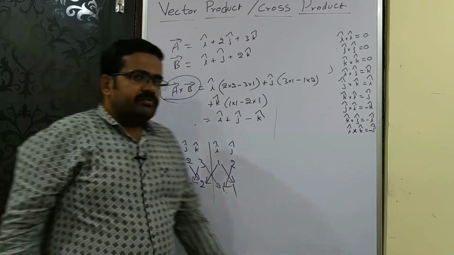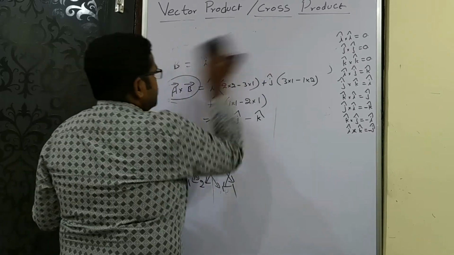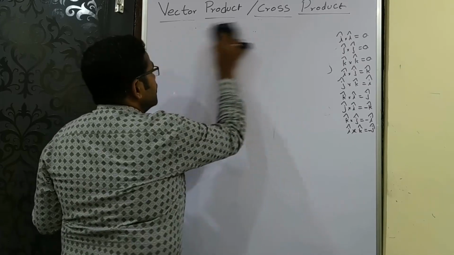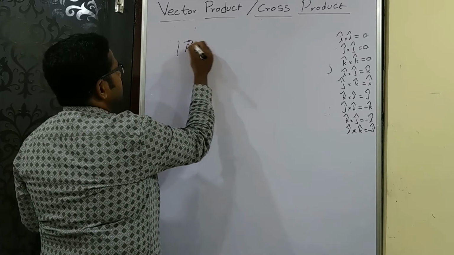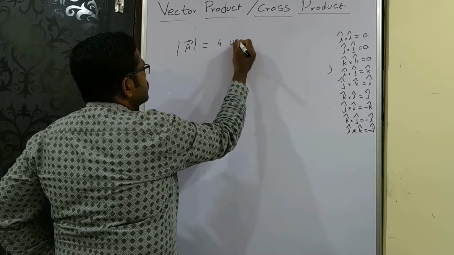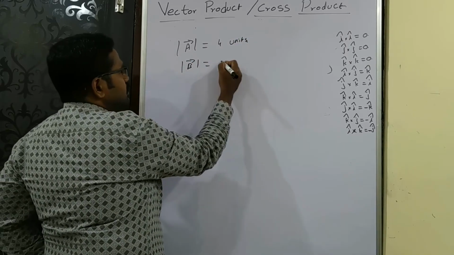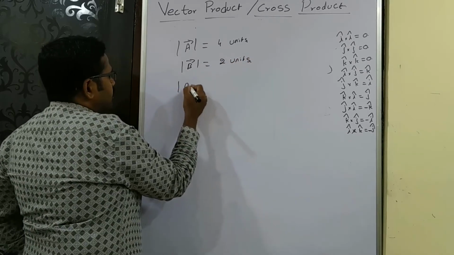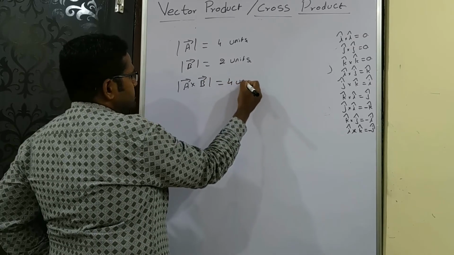Then again, if somebody asks you what is the angle between two vectors, vector A and vector B, when their magnitudes and the magnitude of their vector product is given? That is, if vector A is equal to 4 units, vector B is equal to 2 units, and vector A cross vector B is equal to 4 units.